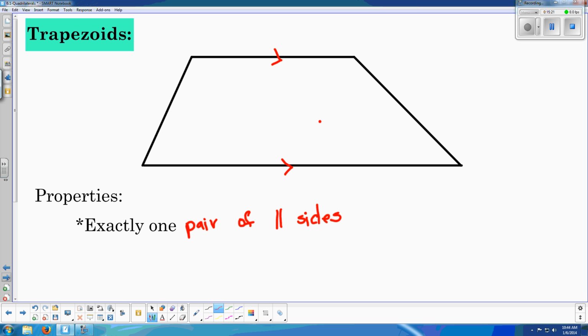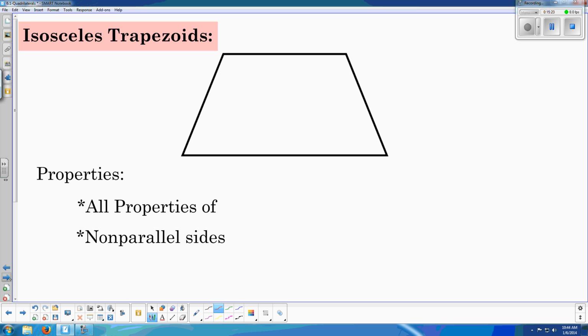Now, moving on to our special type of trapezoid, our isosceles trapezoid. Our isosceles trapezoid has all of the properties of a trapezoid. So we know that this side is parallel to this side because there is exactly one set of parallel sides.